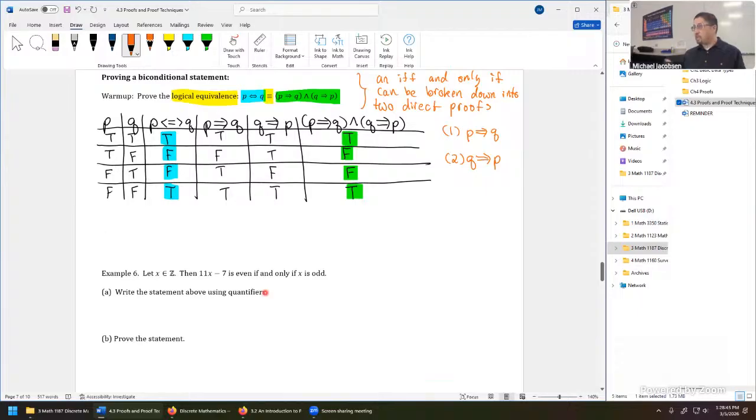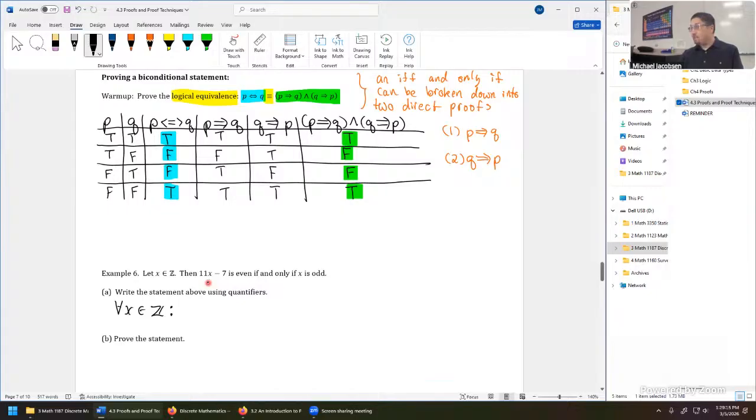Okay, we're going to start off like we have on a lot of problems. We're going to quantify the statement first. It says we have an arbitrary integer x. We're told then, if that is the case, then 11x minus 7 is even if and only if x is odd. So to quantify it, you could say for all x in Z, looks like just one quantifier this time.